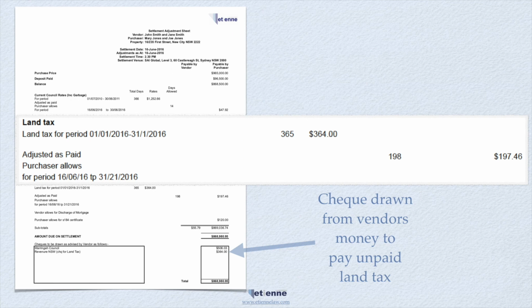We add to the settlement adjustment sheet an amount of $197.46 that you will pay, but we draw from the monies payable to the vendor the full amount of the land tax, being $364. Similarly, at settlement, as with the council cheque, we take this cheque and on your behalf we make sure that the vendor's liability for land tax is discharged by paying the New South Wales Office of Treasury.